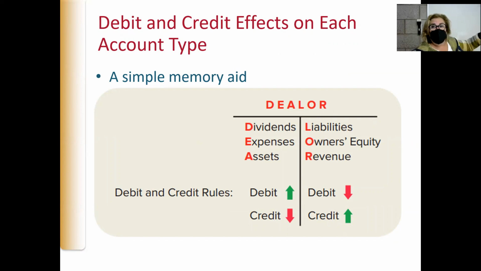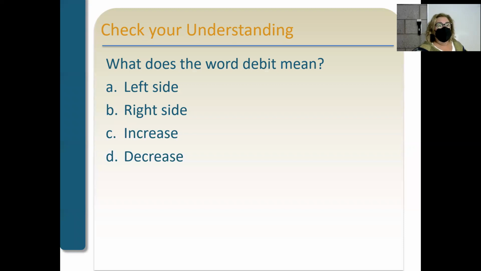Liabilities, owner's equity, and revenues have a normal credit balance. That's another way to help you. Dealer: DEA, left side. LOR, right side, meaning dividends, expenses, and assets have a normal debit balance. LOR: liabilities, owner's equity, and revenues have a normal credit balance. But remember, debit means left and credit means right. Oh, what does the word debit mean?